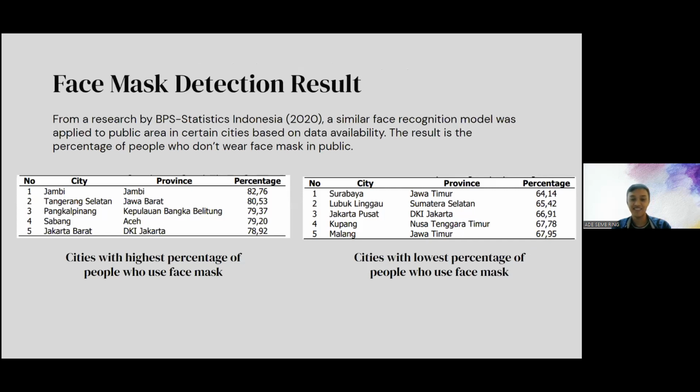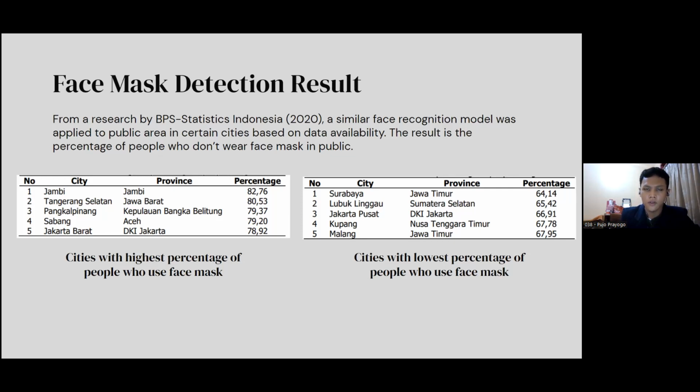Okay. And now the next one is the result of the face mask detection. From research by BPS Statistik Indonesia in 2020, the face mask detection model was applied to images obtained from various sources in 25 cities in Indonesia. The cities were chosen based on data availability, and after applying the face recognition model to the dataset, the percentage of people not using a face mask in public places was revealed.